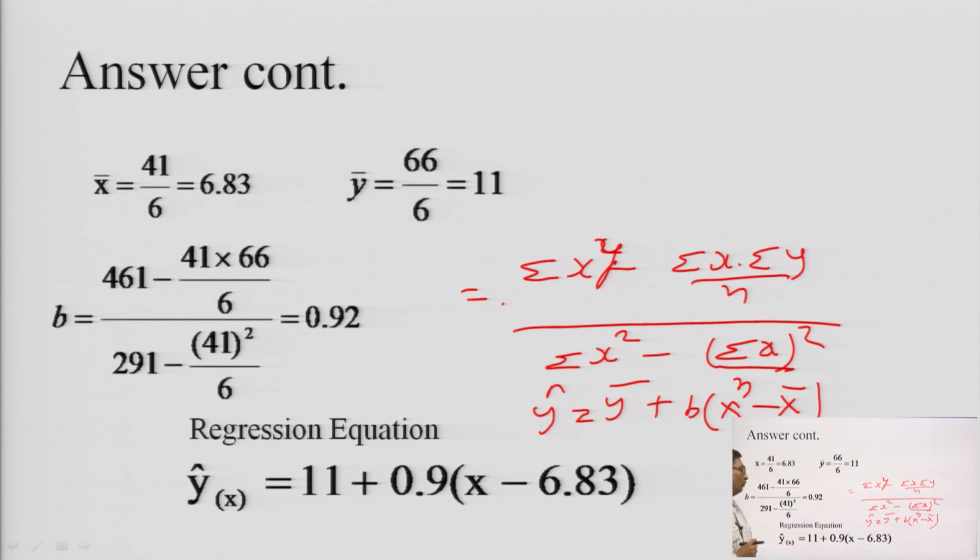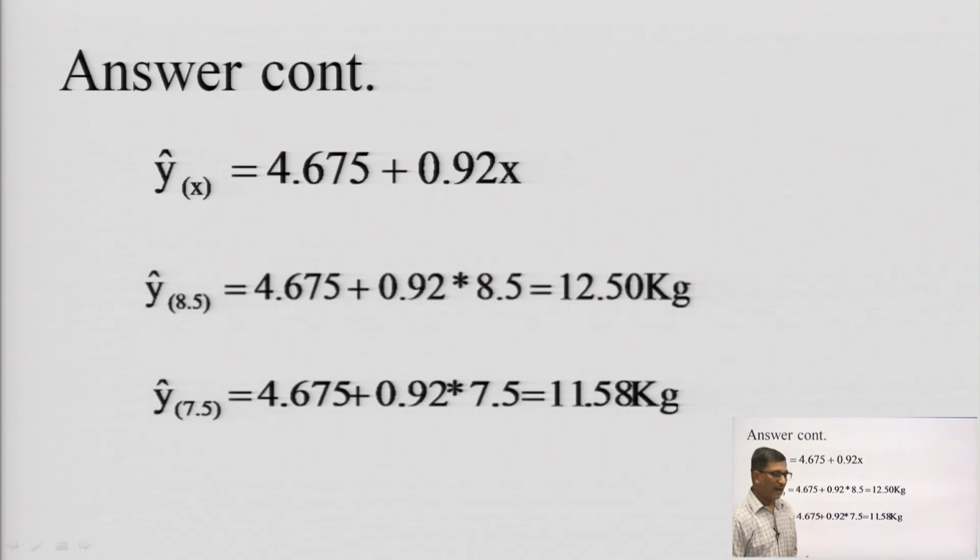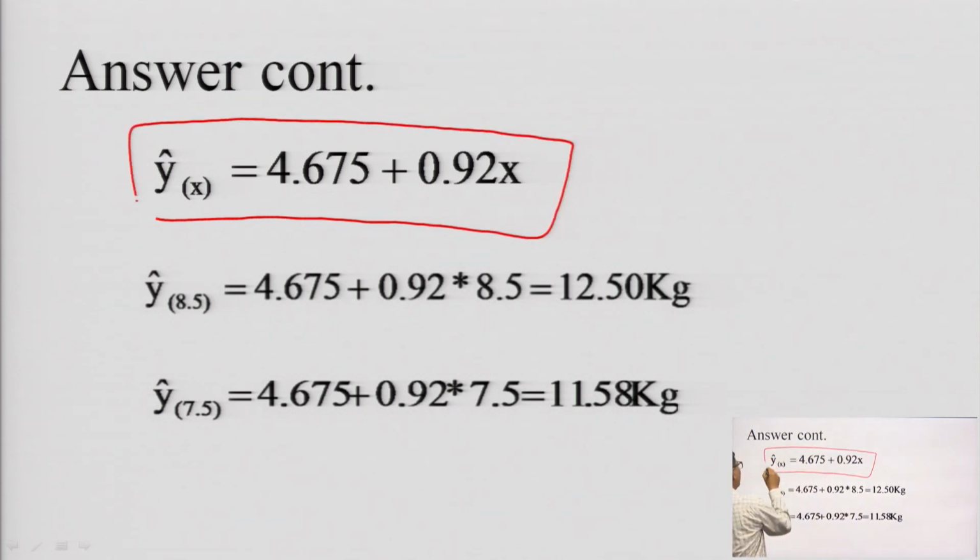So we put the value of y bar as 11, b as the regression coefficient 0.92, and x bar as 6.83. On putting the values we find the y hat equation between y and x. This is our required regression equation.